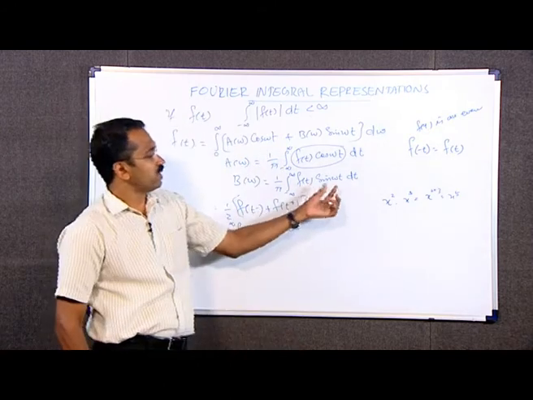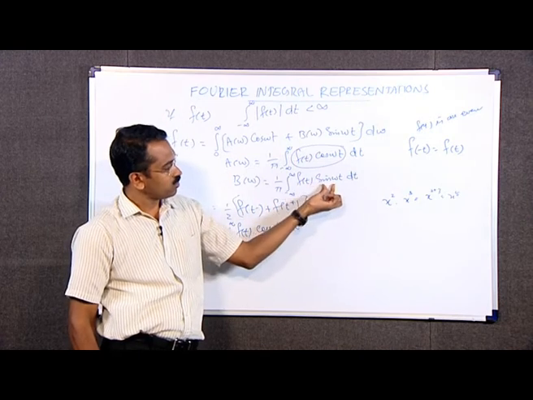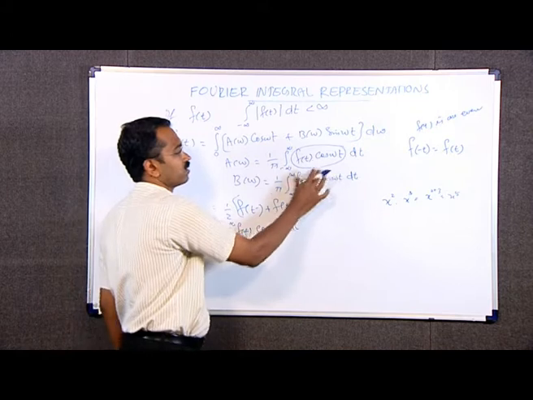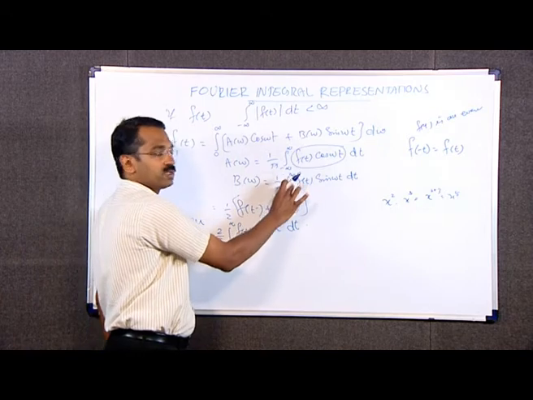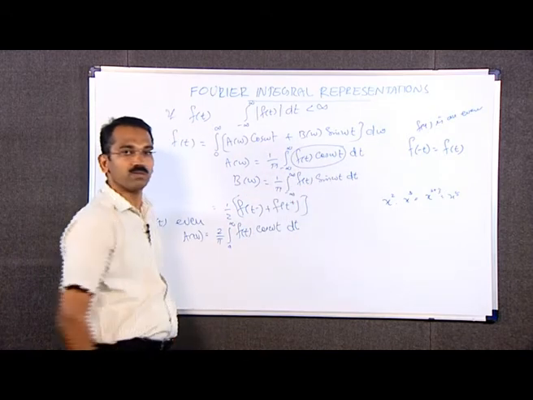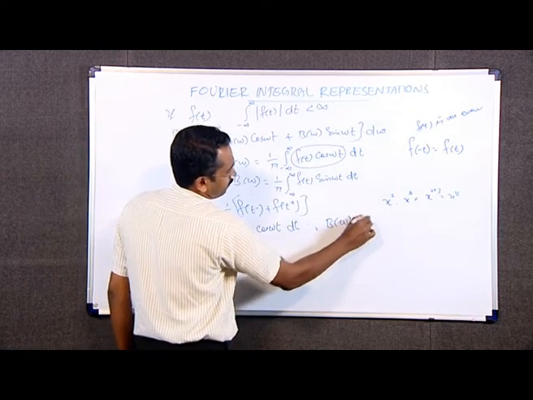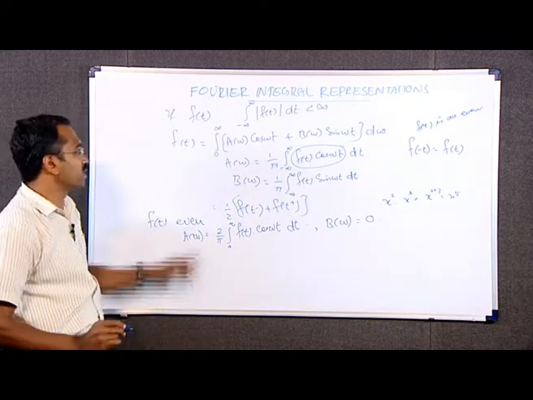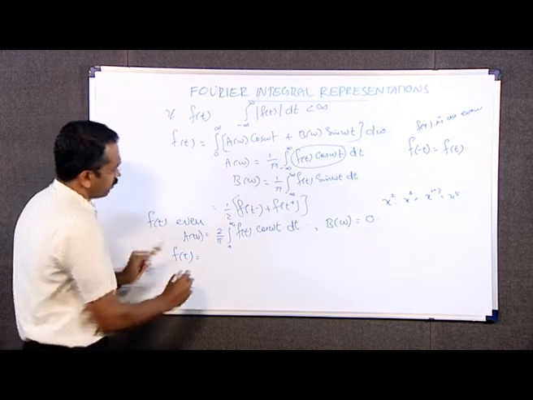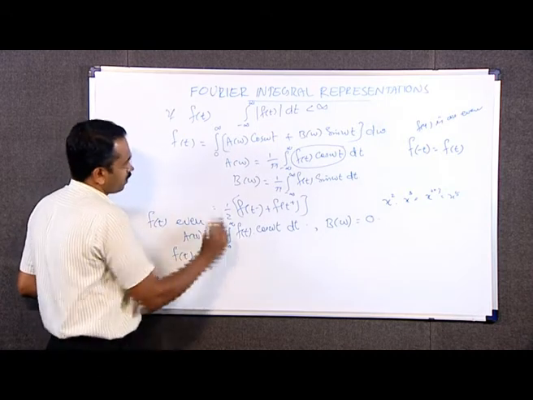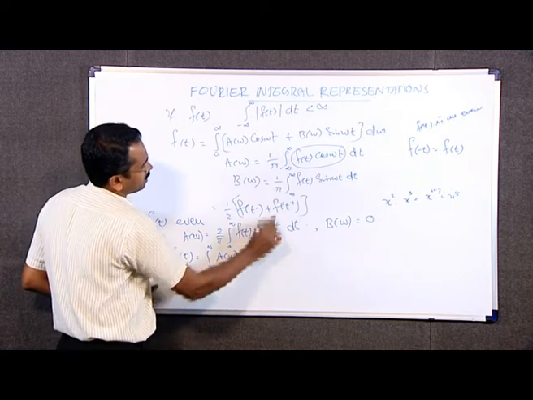Similarly, an even function into an odd function means this product is an odd function. Therefore, by the property of definite integral, this integral will become 0, that is b omega is 0. In this case, f of t is integral from 0 to infinity a omega into cos omega t d omega.